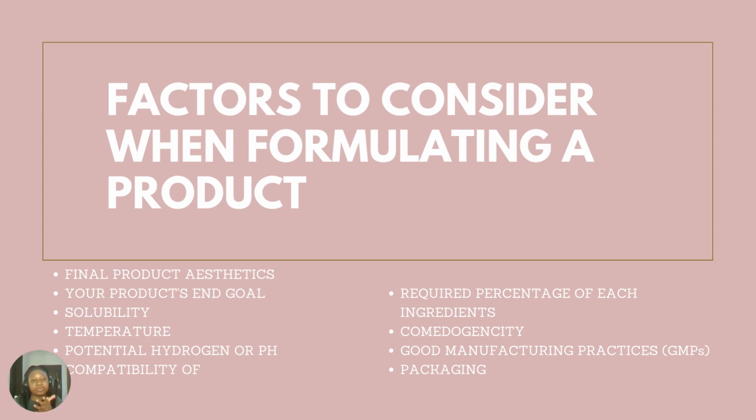Let's go on. So another thing to consider is comedogenicity. In previous modules, we have discussed the comedogenicity of body oils and body butters. As a rule, I would say you should stick to body oils and body butters between the comedogenic rating of 0 to 3.